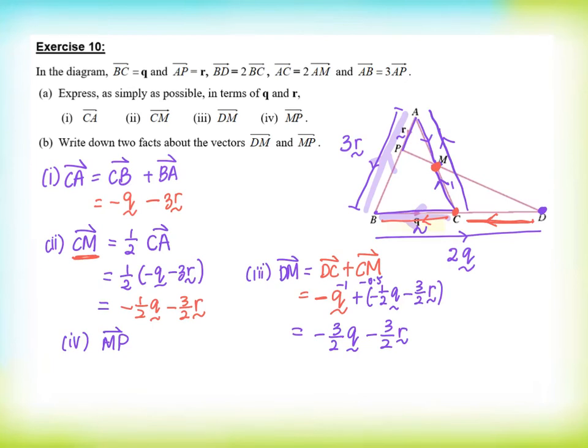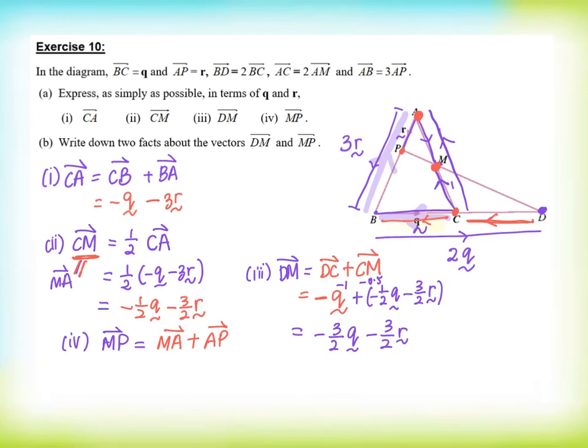C to M is the same as M to A. So what I can try now is I'm going to travel from M to the point A. After which, I know that A can travel to the point P. Then I'll end up with M to P. Now M to A is going in the same direction as CM, and since M is the midpoint, M to A is equal to CM.